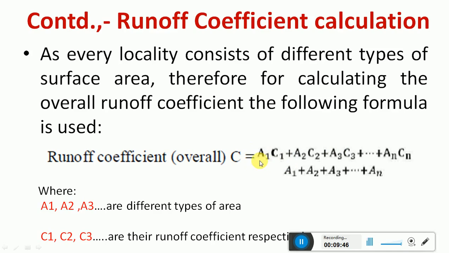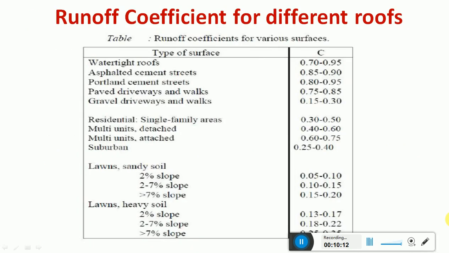A1 may be 100 hectares, A2 150 hectares, A3 200 hectares, and C1 may be around 0.75, C2 0.5, and C3 0.45, depending upon the type of the surface. If you add A1 C1 up to An Cn and divide by all the areas, you will get the total runoff coefficient for the area under consideration.